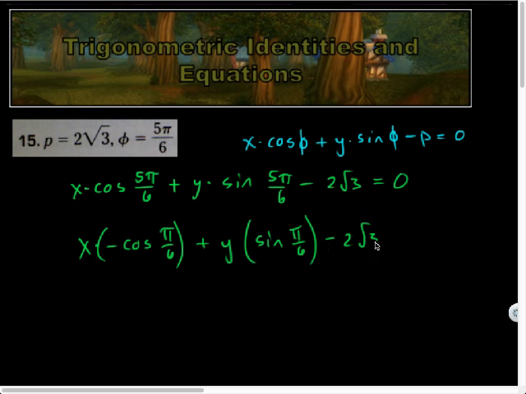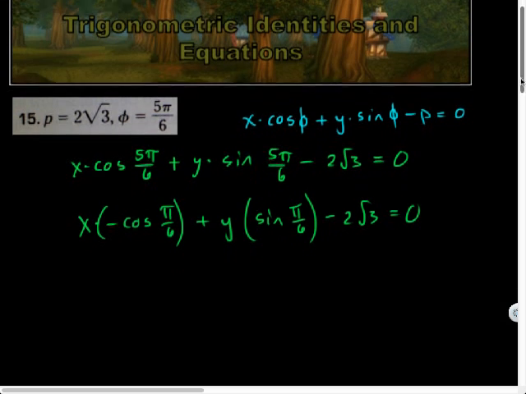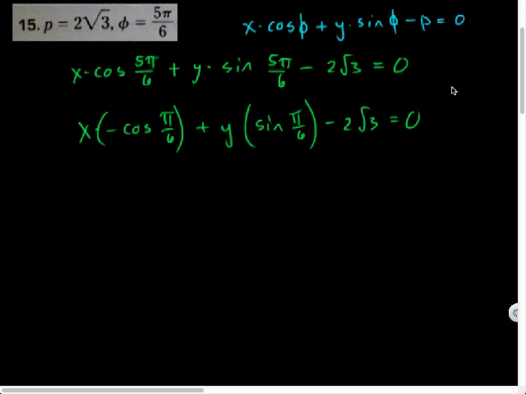So x times the negative cosine, that's negative root 3 over 2 times x, plus sine of 30 degrees, which is a half, y minus 2 roots of 3 equals 0.